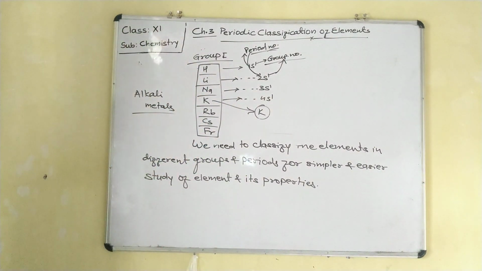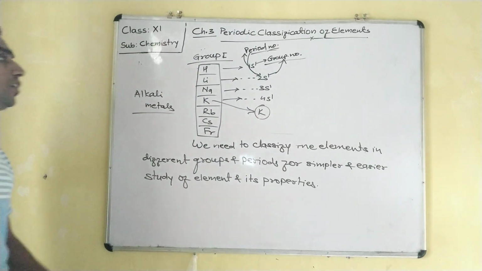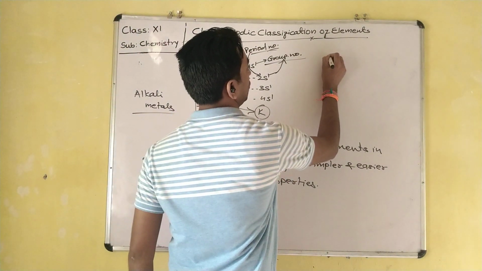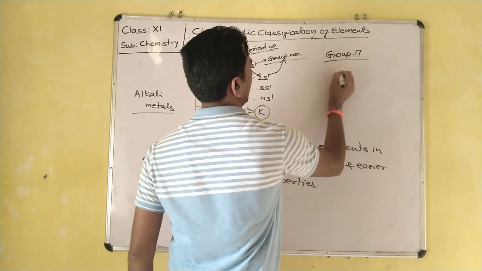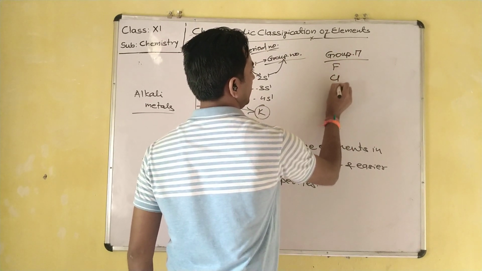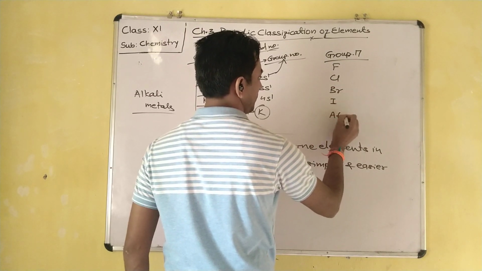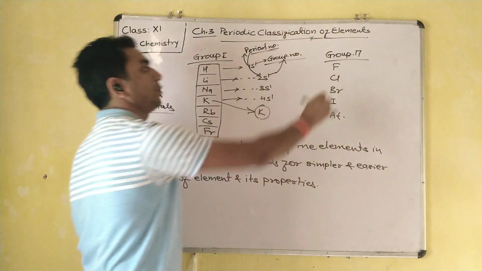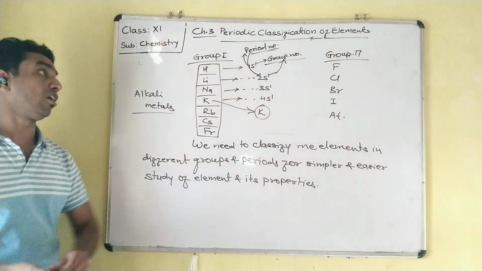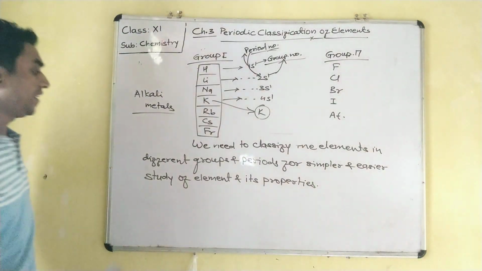In the same way for any group, suppose the halogens, group 17, which contains chlorine, bromine, iodine and astatine, by knowing the properties of any one element we can predict the properties of the other elements of group 17.